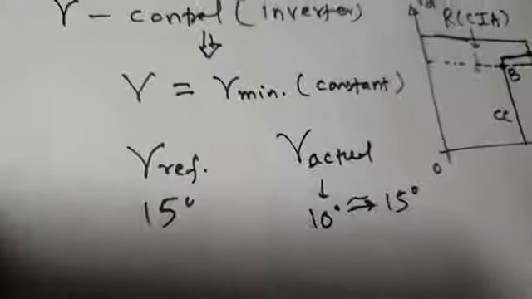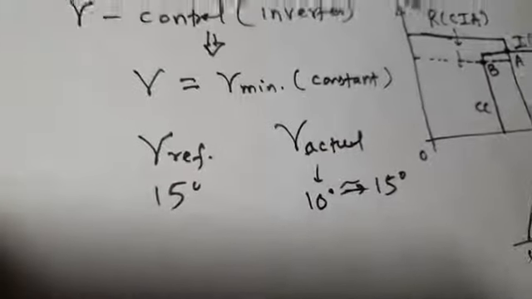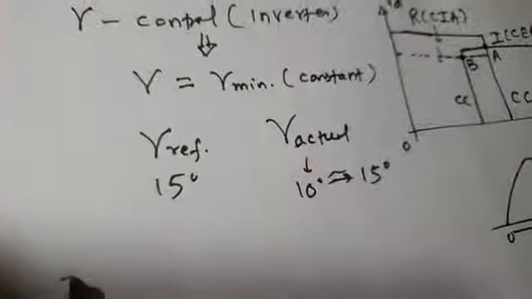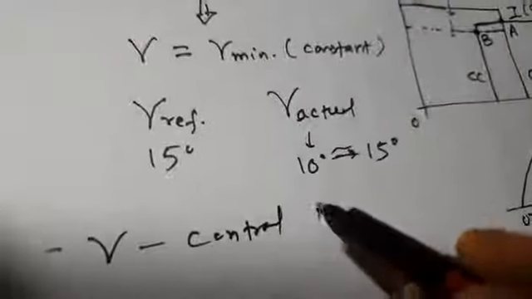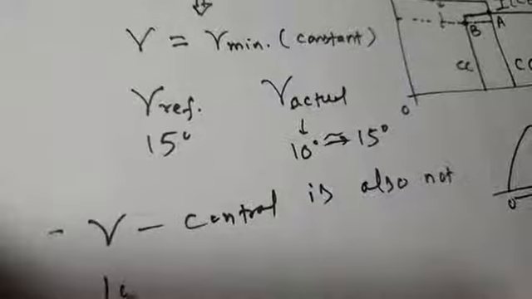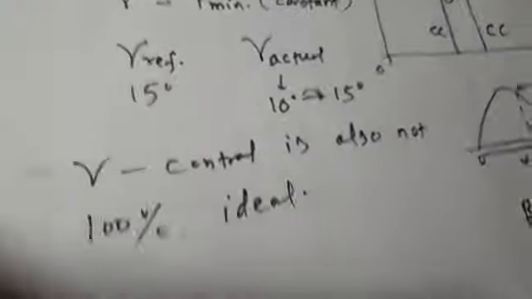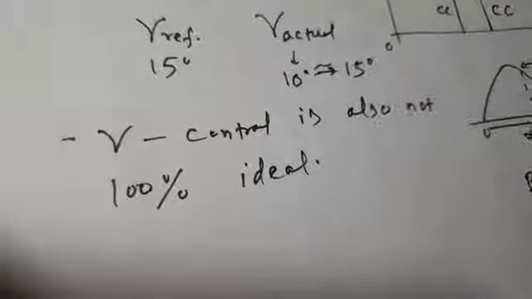However, you must remember that even if gamma control is used, I will write here: gamma control is also not 100% ideal. There may be certain situations in which the possibility of commutation failure may be high.